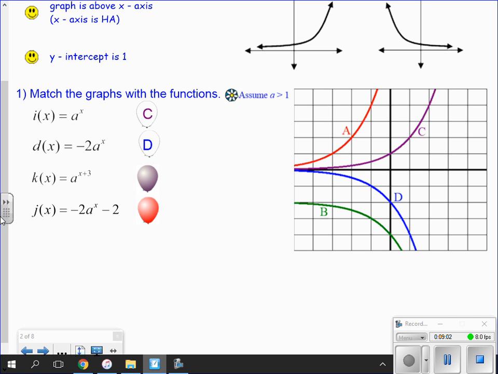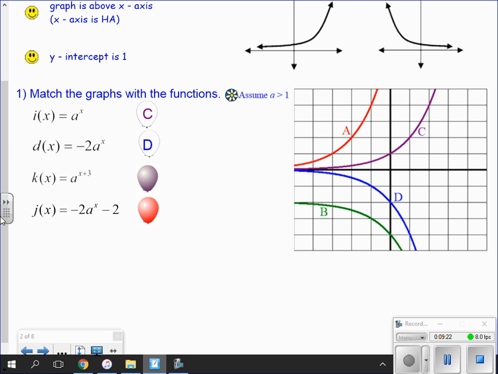So here's my question to you. When we were moving parabolas left and right and up and down, when it was inside the square, what did it do? It moved it left or right in the opposite direction. When it was outside, it moved it up or down.